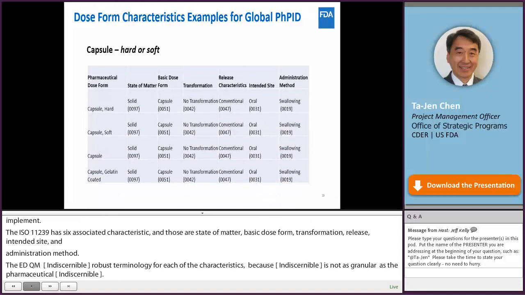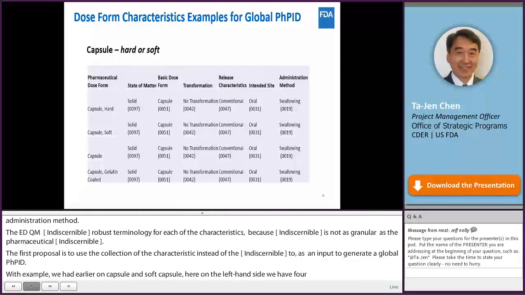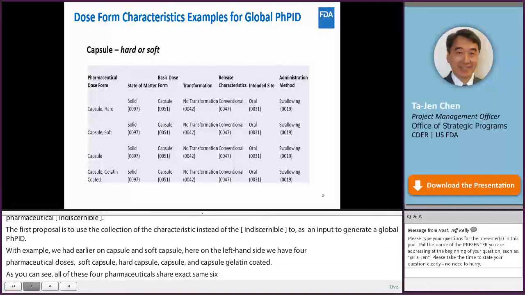So with the example we had earlier on capsule and subcapsule, here on the left-hand side we have 4 pharmaceutical dose forms: soft capsule, hard capsule, plain old capsule, and capsule that are gelatin coated. And as we can see, all these 4 pharmaceutical dose forms share the exact same 6 characteristics. They are all solid with basic dose form as capsule, no transformation needed, conventional release, intended site is oral, and administered by swallowing.